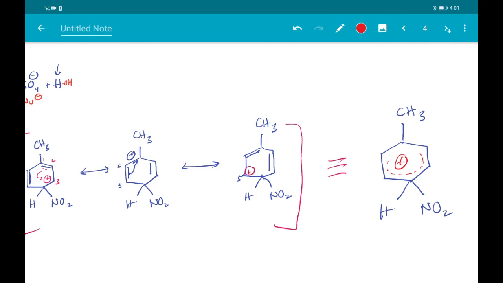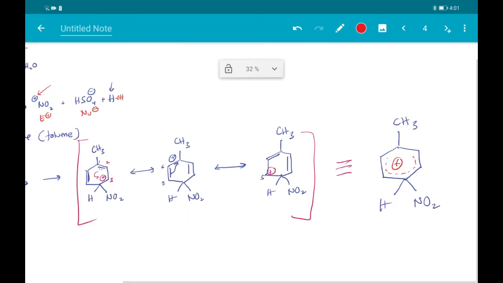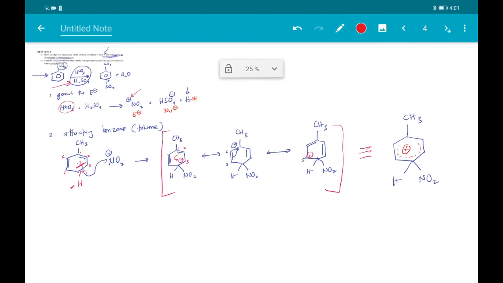So this is the stable structure of the intermediate that has been formed. Right? Technically, if you're going to draw the end product, it's okay, but you should know that it can form whether structure A, structure B, or structure C intermediate. Okay, but the main structure will be structure A.